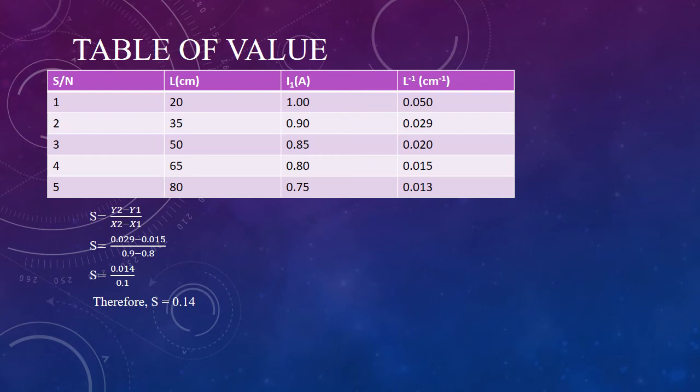So this is a table we could get from that instruction. We are going to be plotting a graph which will determine the slope. The graph plotted to arrive at the slope will be displayed as we move.